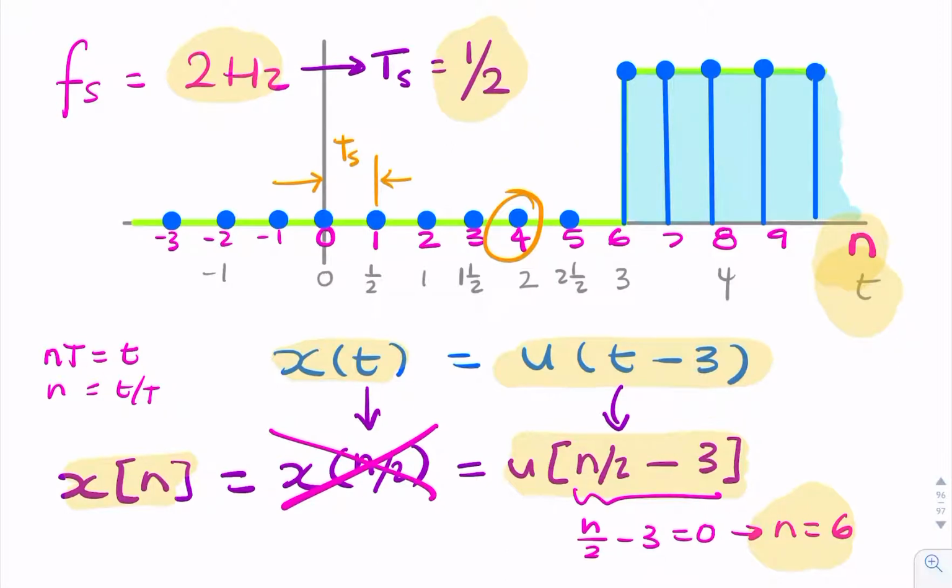So what we've now done is we've represented a continuous time domain signal here, we've represented it as a discrete time signal here. And we've also sketched it, we've superimposed the sampled sketch or the discrete time sketch on top of the continuous time sketch.